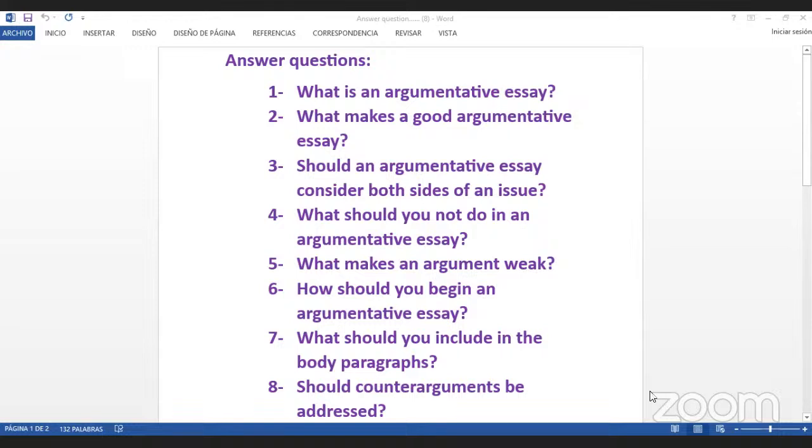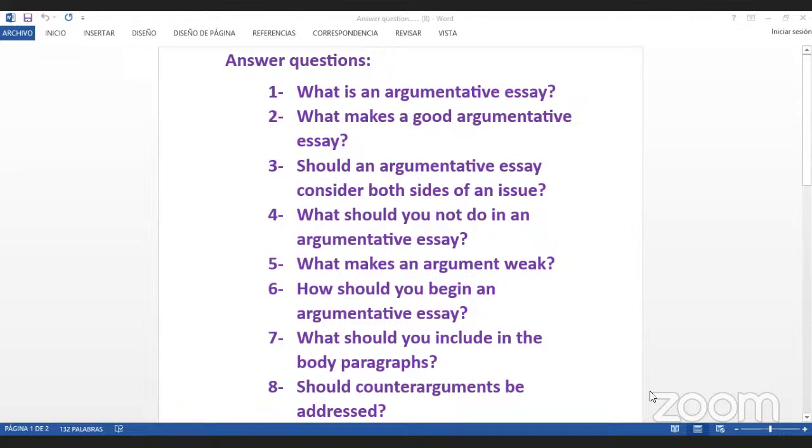Okay. Number six. How should you begin an argumentative essay? You should begin with an engaging introduction that presents background information on the topic, an attention-grabbing hook, and a clear thesis statement that states your position on the issue. Okay? Number seven, what should you include in the body paragraphs?